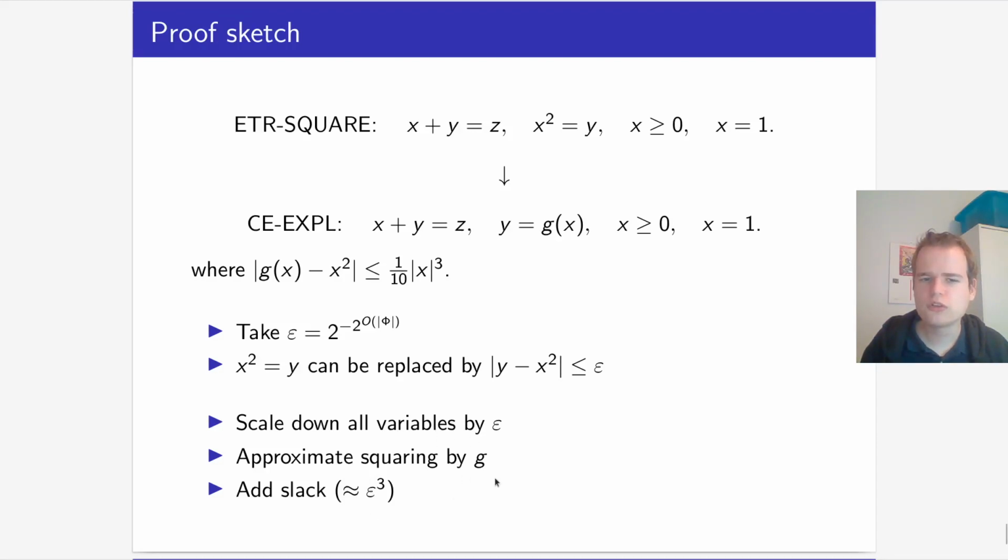The other way around, if you choose all the slack appropriately and you have a solution to this new problem, it will not be a solution to the exact squaring instance we started with, but it will be a solution to the relaxed squaring problem, where every squaring constraint is relaxed a little bit. Because of that, this new problem will still be equivalent to the original problem.